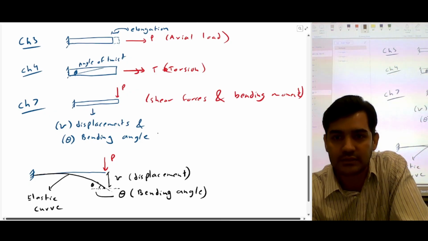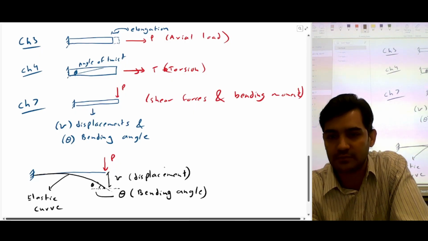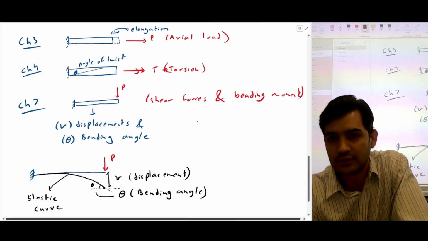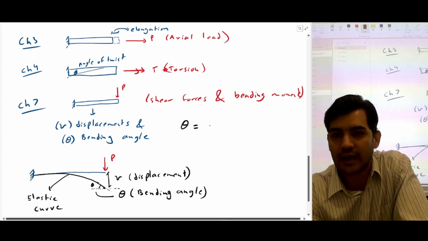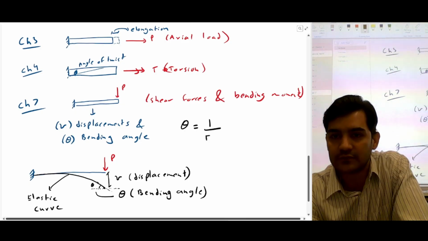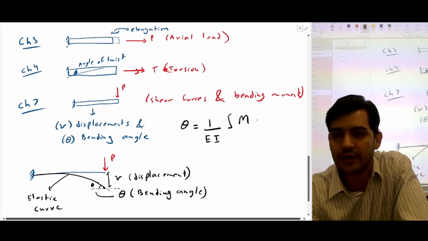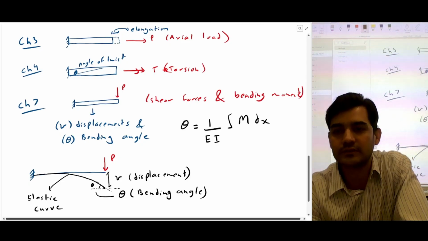The bending angle you can calculate using this formula, 1 over EI and integration of moment dx.